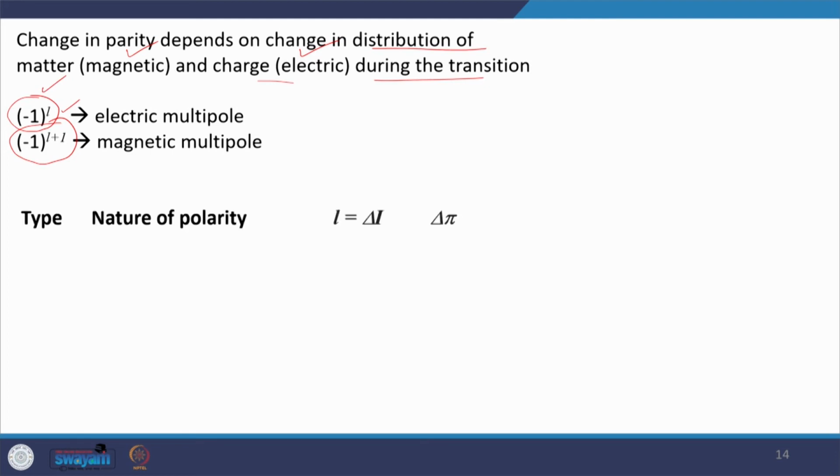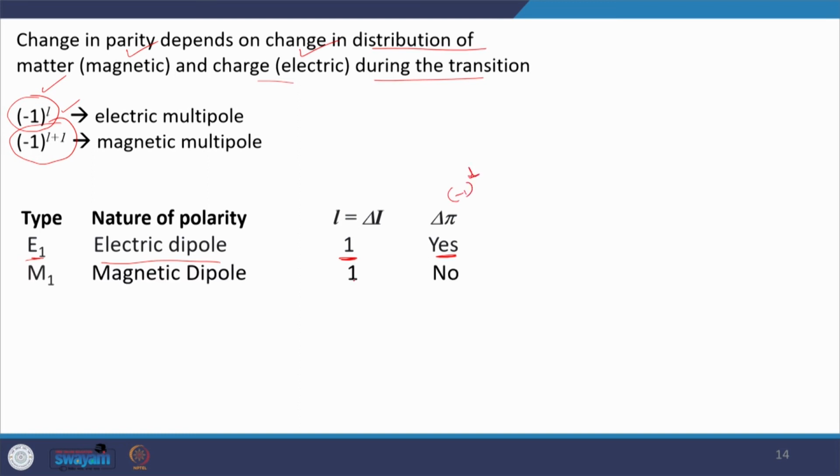Okay. So, now let me give you a brief overview of these types depending on parity. If L is equal to 1, it is electric in nature, minus 1 to the power of L. So, it is E1 and the nature is electric dipole. There is a change in parity, yes, because minus 1 to the power of L is odd.